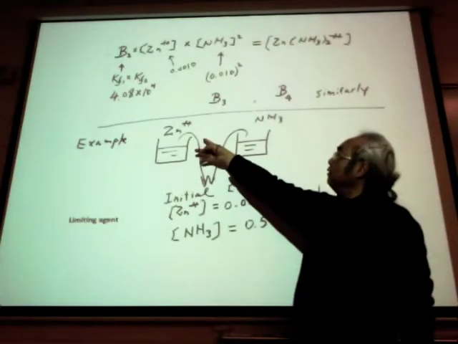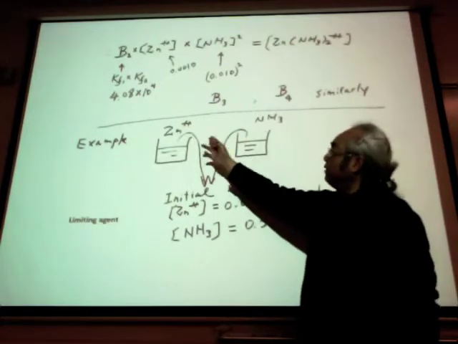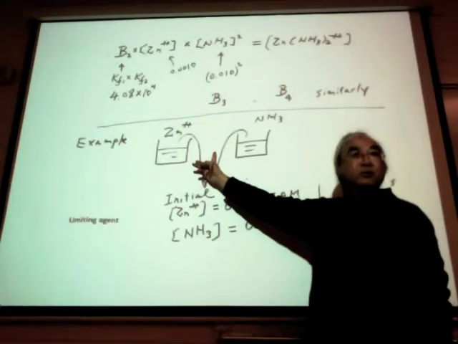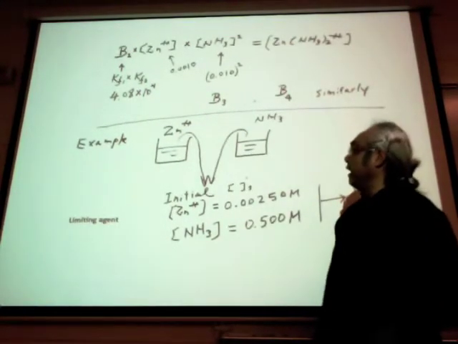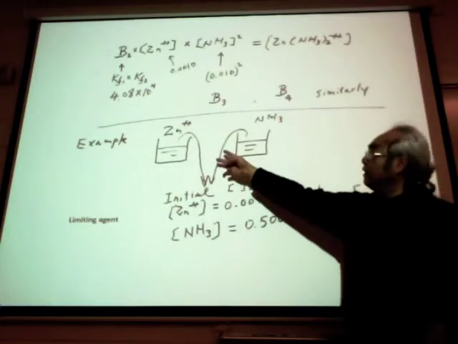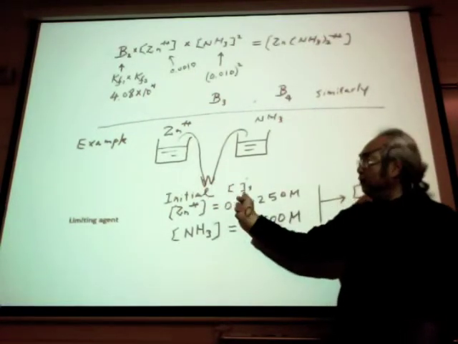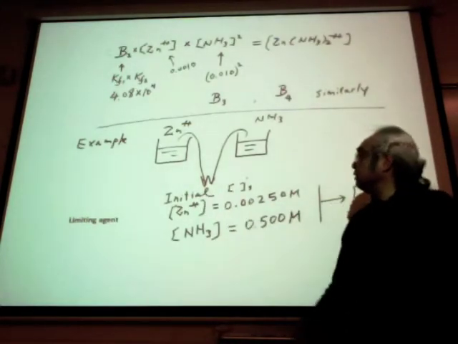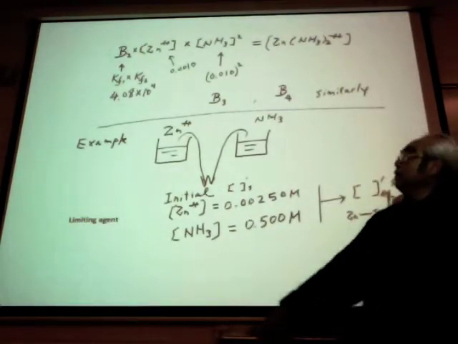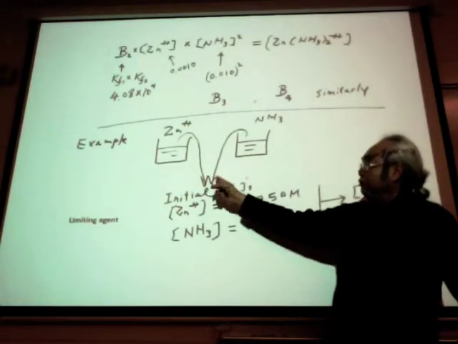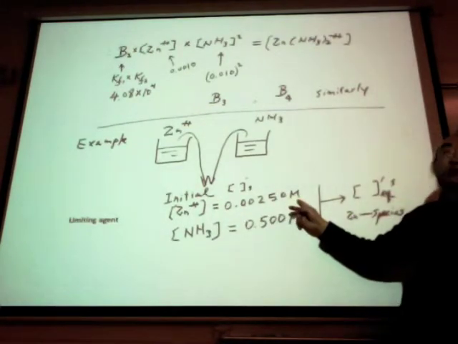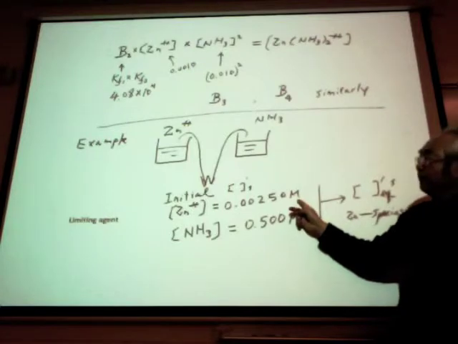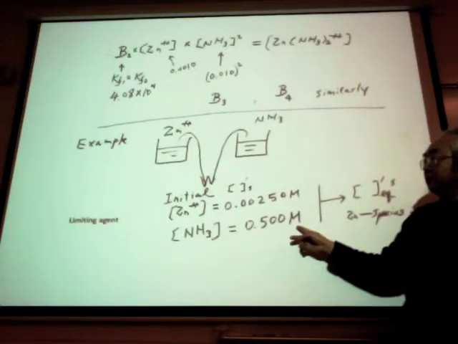Okay, so you're going to mix the two chemicals to form a complex. So you calculate after mixing, then you know the initial concentration. So this will be an initial concentration. You're going to start with this concentration of zinc, and you start with this concentration of ammonia.